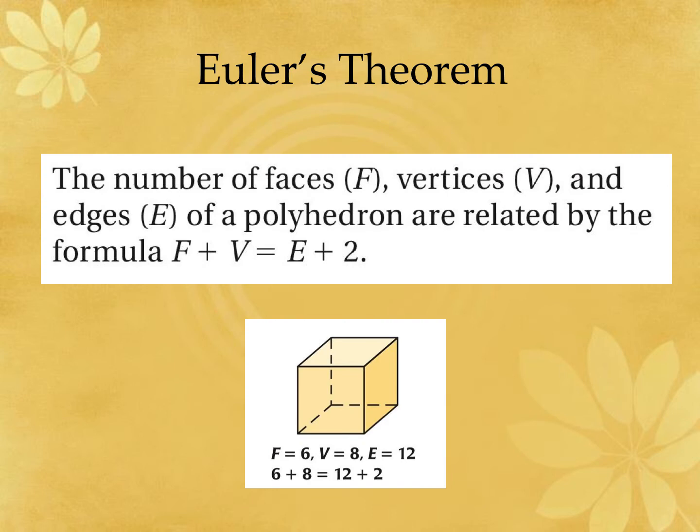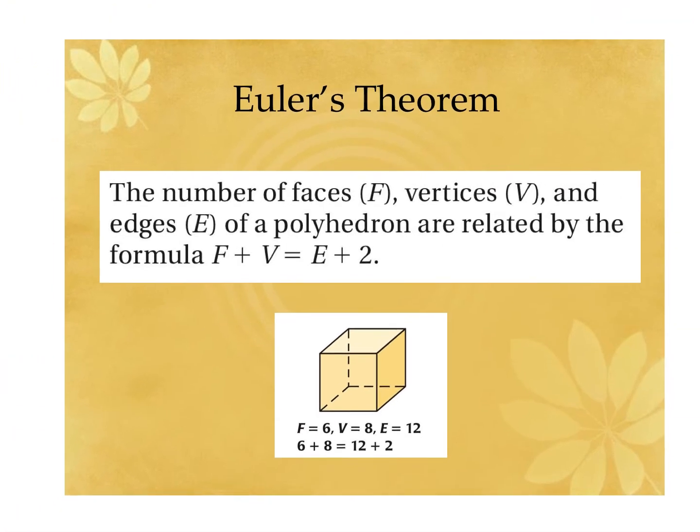Now, the next slide, we're going to be naming or counting. The math involved here is going to be counting how many edges your solid has, how many vertices, and how many faces. Now, in our textbook last year, it included this theorem. It's called Euler's theorem. I'm not going to test you on Euler's theorem.